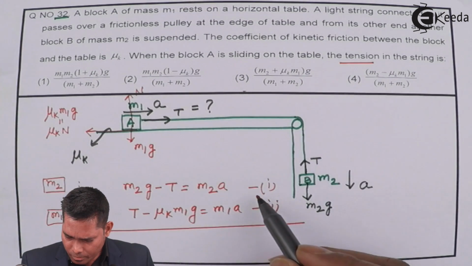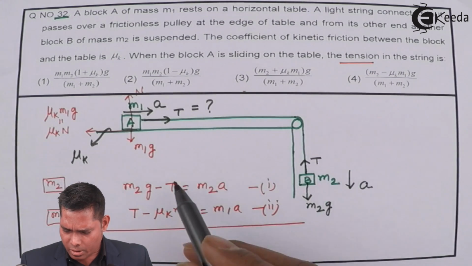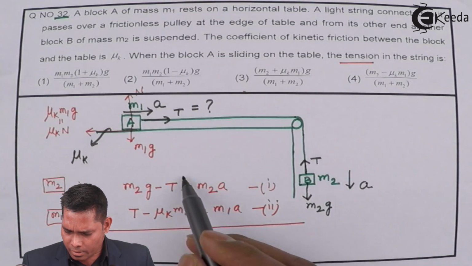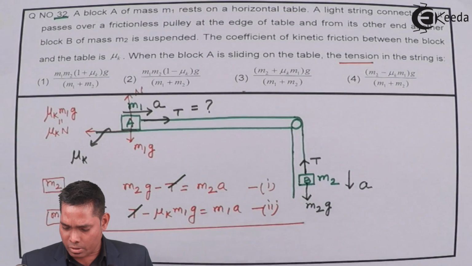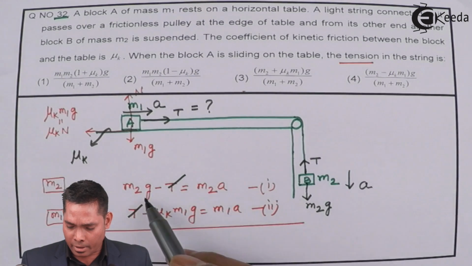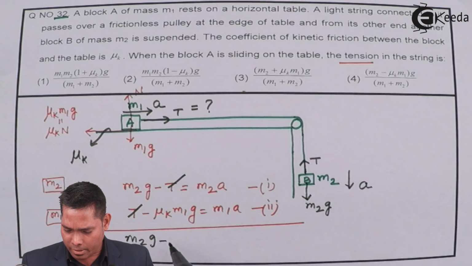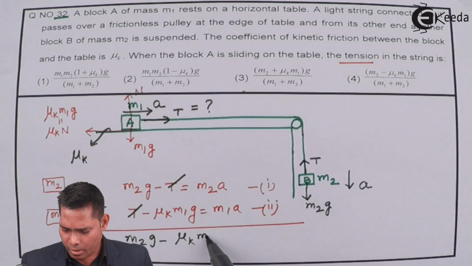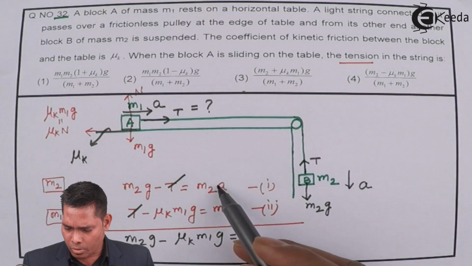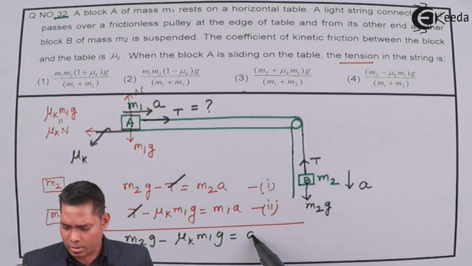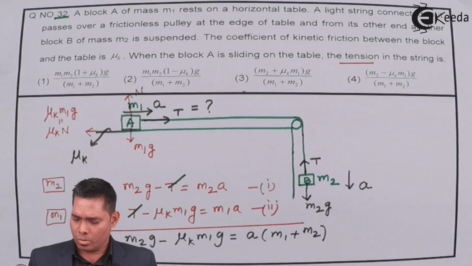So if I add these two equations, this will cancel. If you add these two equations, this will cancel, and here it will be m2g minus mu k m1g is equal to the sum of these two, that is a common, m1 plus m2.